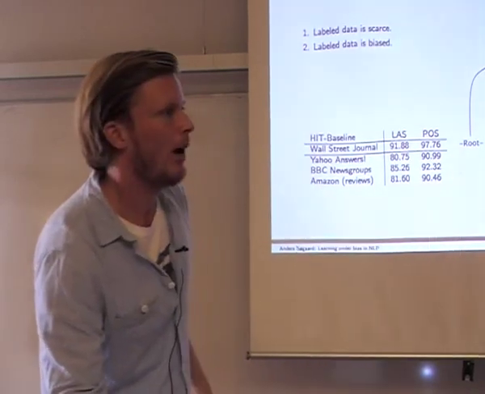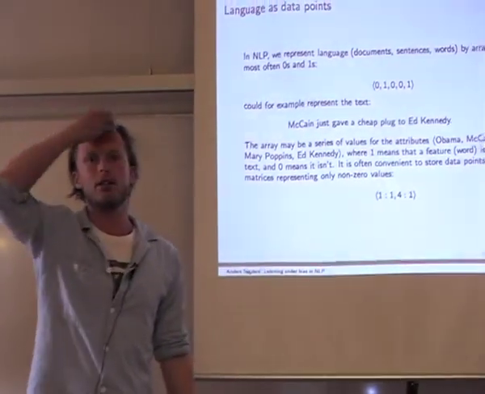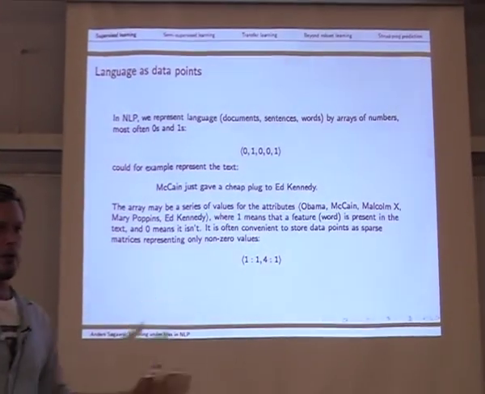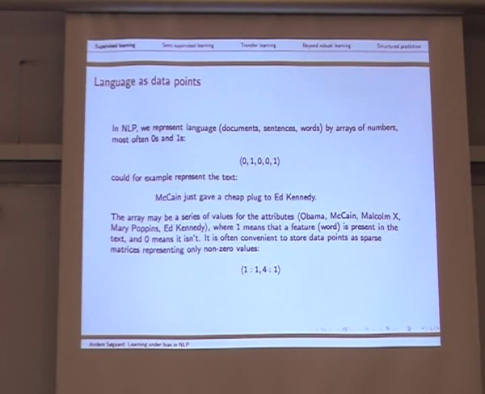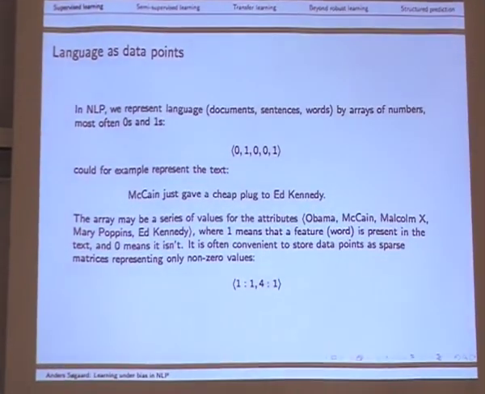All right. Okay, back to computational linguistics 101. This is probably familiar to you, but I just want to reemphasize how this works. In general in NLP, we want to translate language into typically binary vectors.